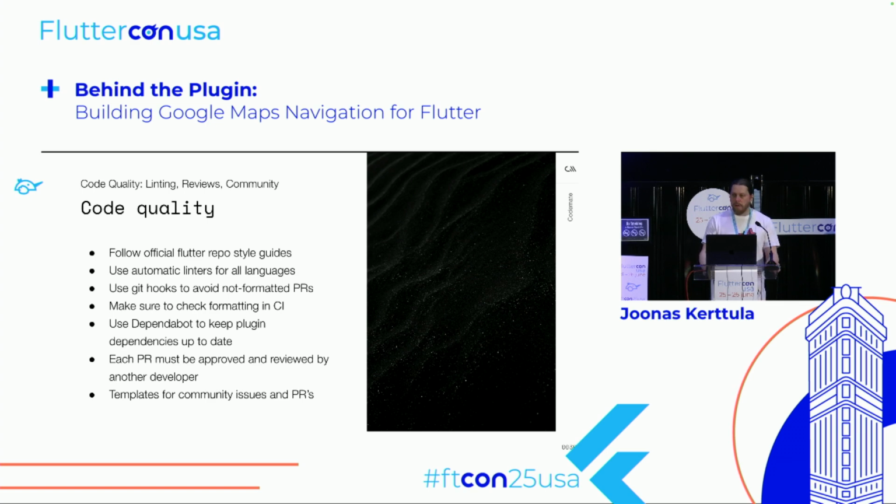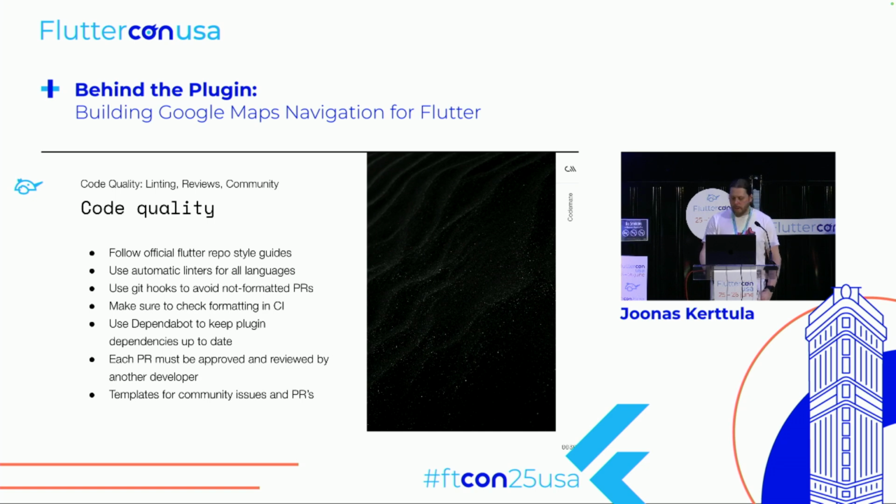We have used automatic linters for all languages and formatters. So each time commit is made, it has to be formatted, and we check that in the CI as well. We use Dependabot to keep plugin dependencies up to date. This consists also Kotlin, Android and iOS packages, but also, of course, Flutter packages.